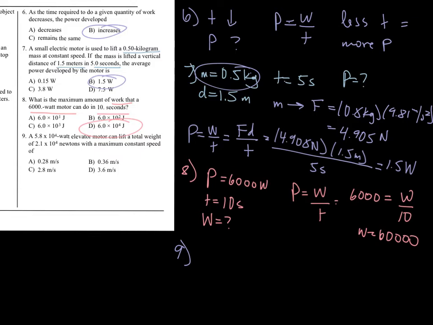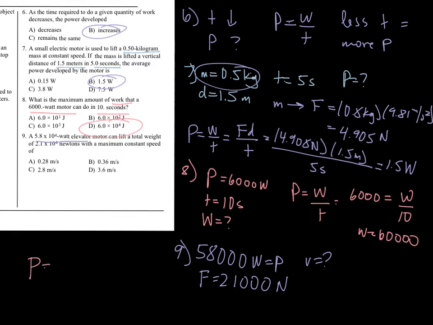Alright, number 9. They gave us 58,000 watts as our power. And they gave us the force is 21,000. And we're looking for velocity. So what kind of definition of power is that? I'm going to write it over here. P is equal to F times V. That's a new definition.